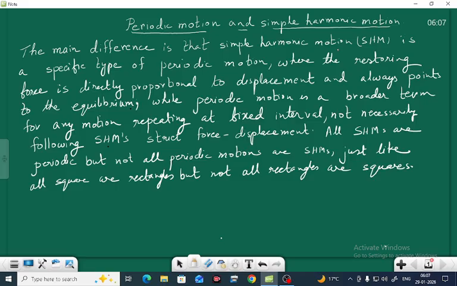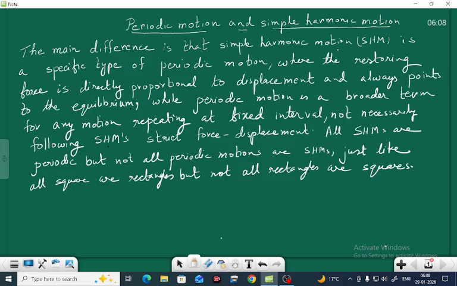The main difference is that simple harmonic motion is a specific type of periodic motion where the restoring force is directly proportional to displacement and always points to the equilibrium, while periodic motion is a broader term for any motion repeating at fixed intervals, not necessarily following the strict force displacement rule. Just like all squares are rectangles, but not all rectangles are squares.